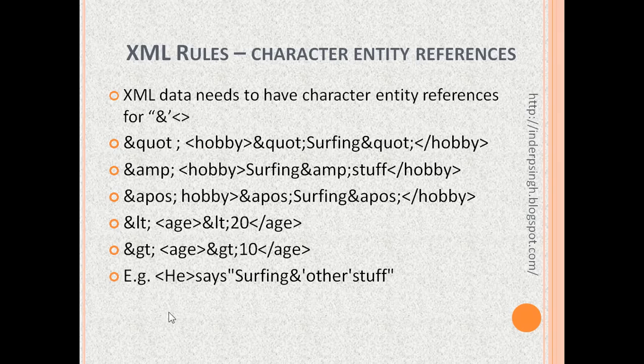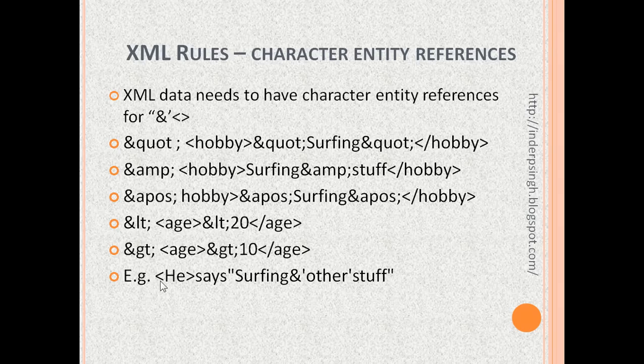So let us say that your XML element has a value and you want to put this: less than, he, greater than, double quotes, ampersand, something. You cannot simply put this text as an XML value because it is going to give an error.